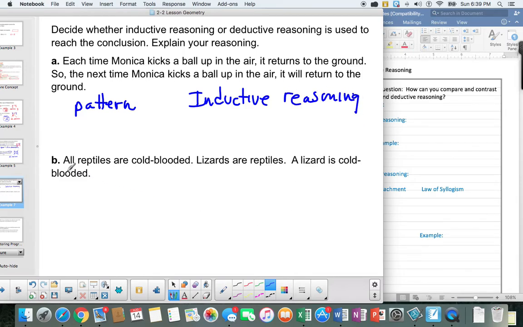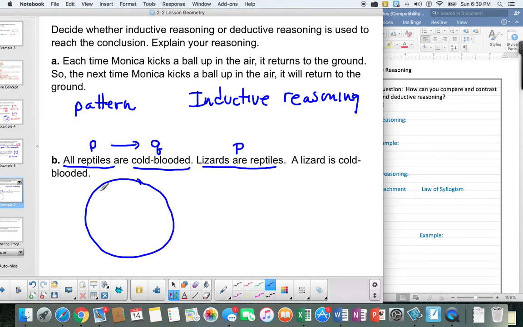Okay, the next one says all reptiles, P, are cold-blooded, which is Q. So P implies Q. And it looks like lizards are reptiles. So we're putting it in the hypothesis. That's P. So then if lizards are part of the group, here's the big circle, cold-blooded.